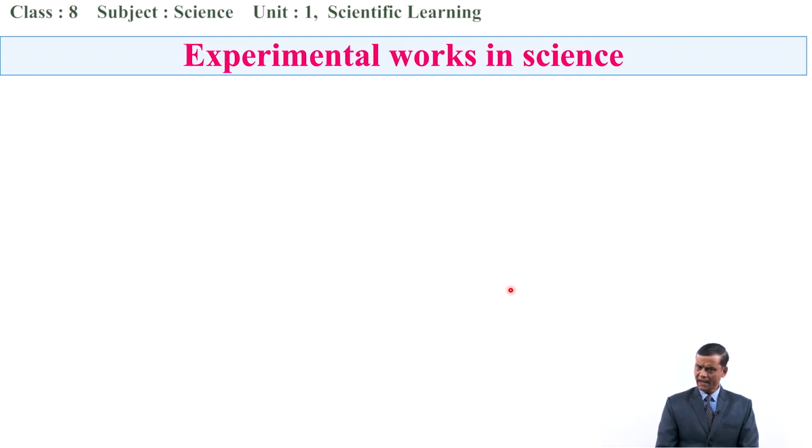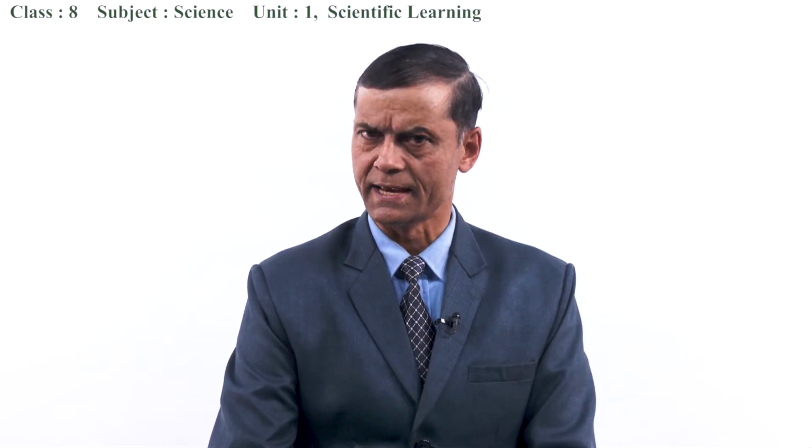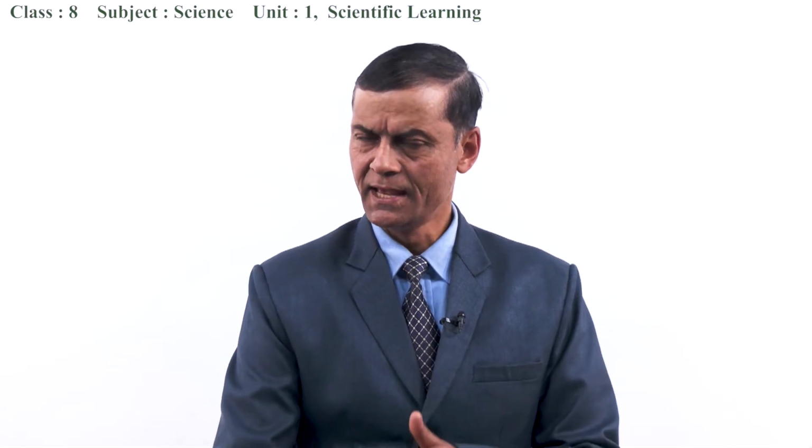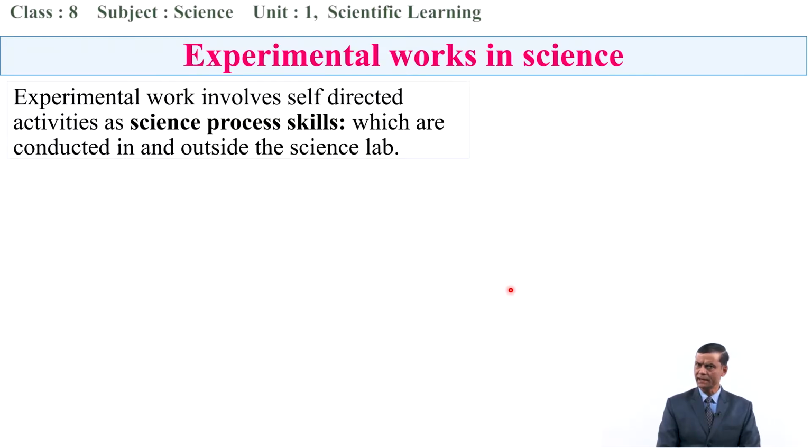In the previous lesson, we discussed experimental work in science, and together with it we discussed observation work also. Do you remember observation work? Yes, observation work involves the 5 sense organs of our body. The 5 sense organs can actively engage to learn new things. So experimental work involves self-directed activities as science process skills, which are conducted in and outside the science lab.